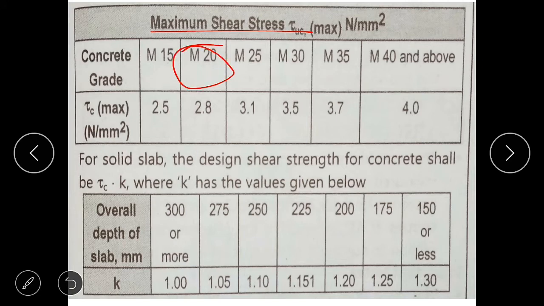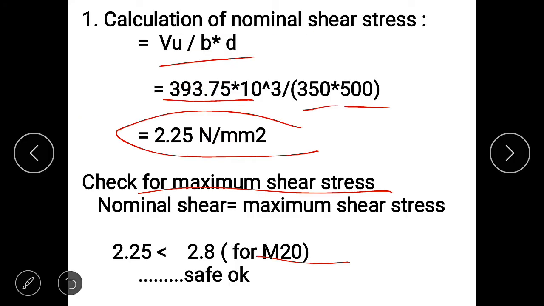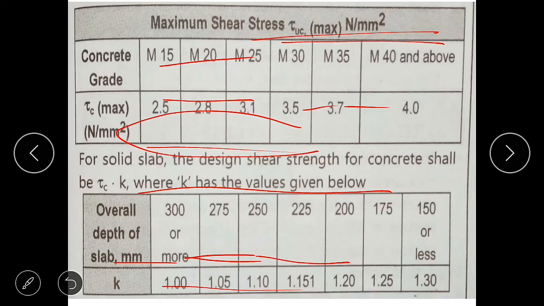For M20, the maximum shear stress is 2.8, and the nominal shear stress we found is 2.25. So 2.25 is smaller than 2.8, meaning nominal shear is smaller than maximum shear. So it is safe.